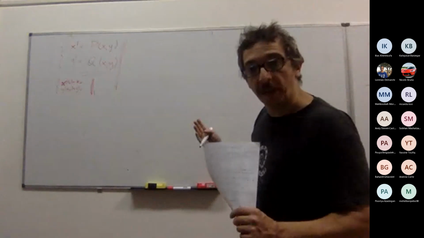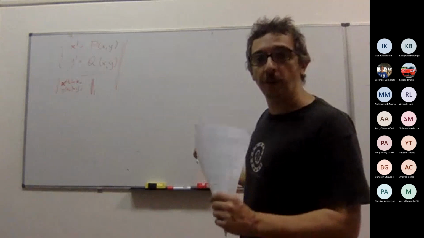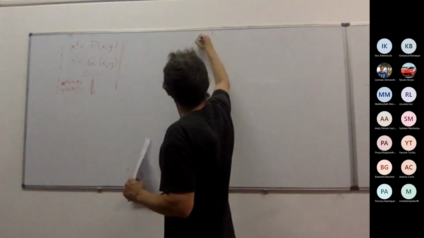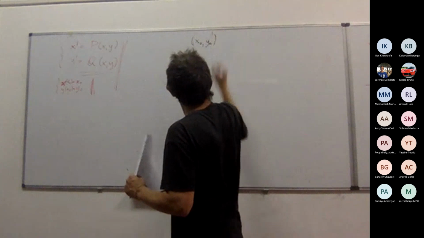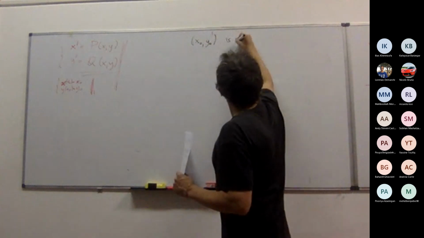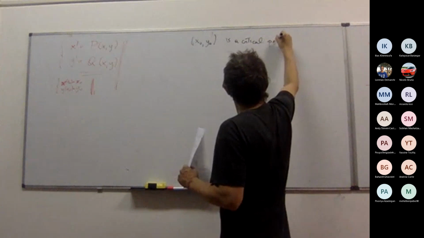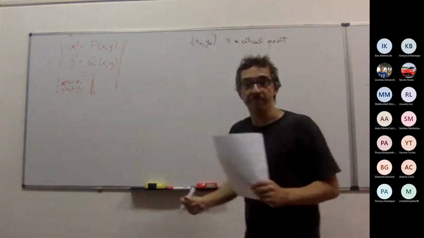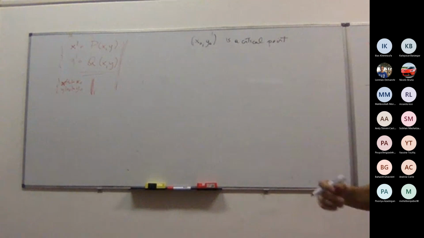Suppose that this system has a critical point, x naught, y naught. So x naught, y naught is a critical point for the system.